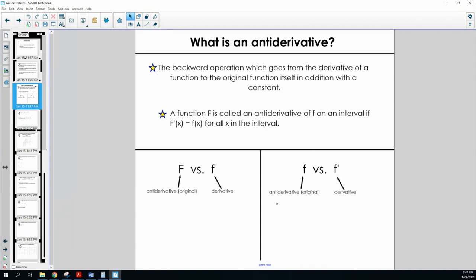We're used to seeing the one on the right, where little f is the antiderivative or the original function, and little f prime is the derivative. But we also can see the one on the left. Just because you see a little f doesn't mean it's the original. It could be the derivative, and we're trying to find big F. So just be aware of both notations.